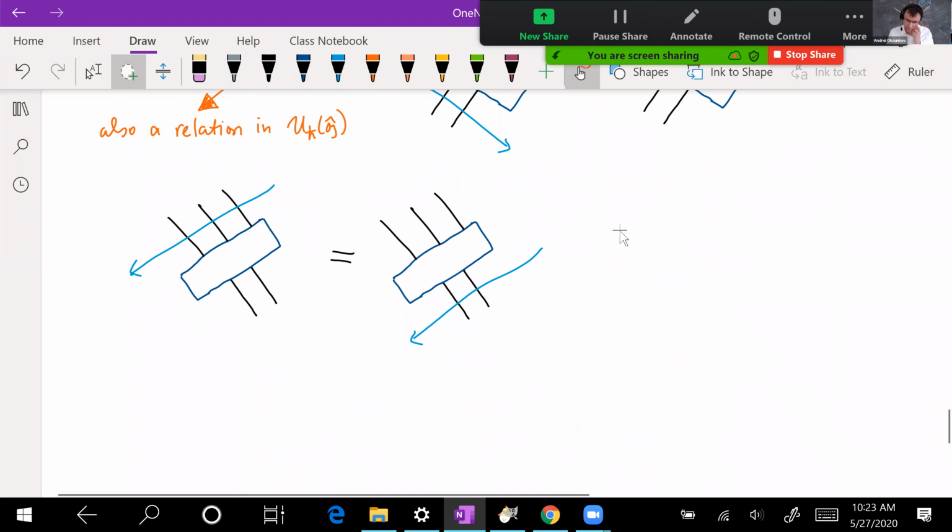So now it's a relation between... Now it acts in this blue space, and it's a relation between operators here.